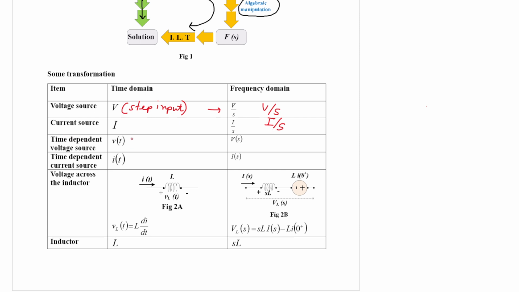Now when the voltage source is time dependent, v(t), that means it is a function of time, its Laplace transform will be a function of s, V(s). Similarly, the time dependent current i(t), if you transform it into the frequency domain or Laplace domain, its Laplace transform will be I(s), a function of s.